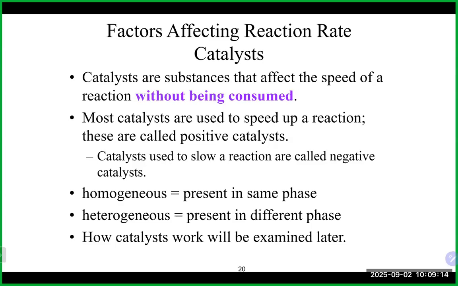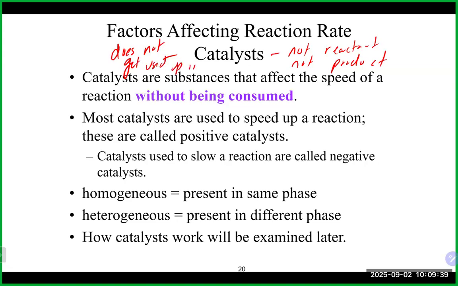Now, another way that you can increase the rate of a reaction in most cases is by using a catalyst. A catalyst is not a reactant. It is not a product. And it does not get used up in the reaction.